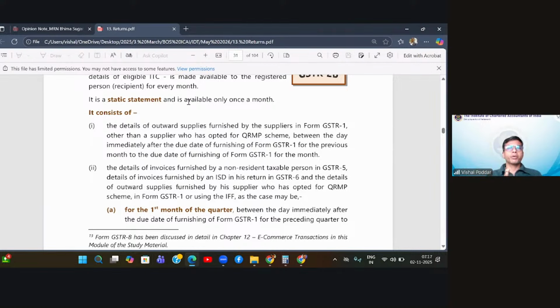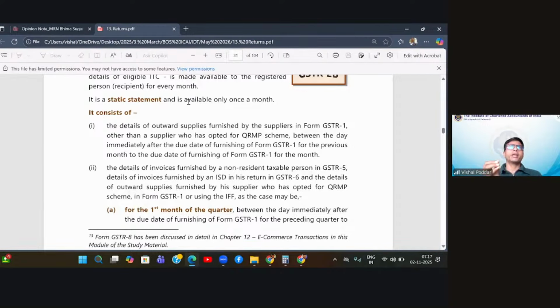So this is the point this particular discussion is trying to make out, that whatever the due dates are, like for ISD, it may be a different due date. That is why they have not mentioned the due dates here, because they are referring to everyone. So whatever is the due date of filing your return, you have to ensure, like for ISD, the due date is 13th.